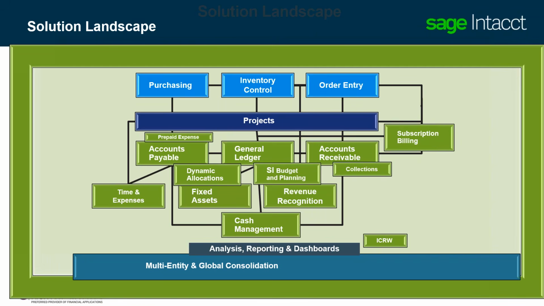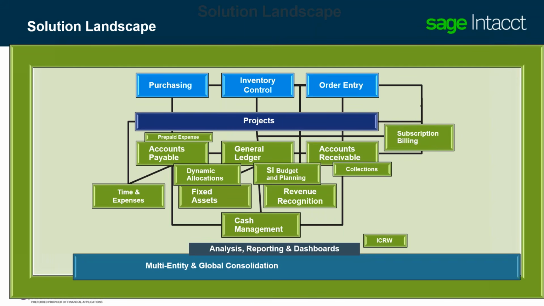The same thing is true with our reporting. Today, I'm going to show you the financial report writer. We also have an advanced report writer. It's the interactive custom report writer, which allows you to do more advanced calculations, more complex calculations in the columns, to do pivot tables, full drag and drop. And it's something that many of our customers have moved to.